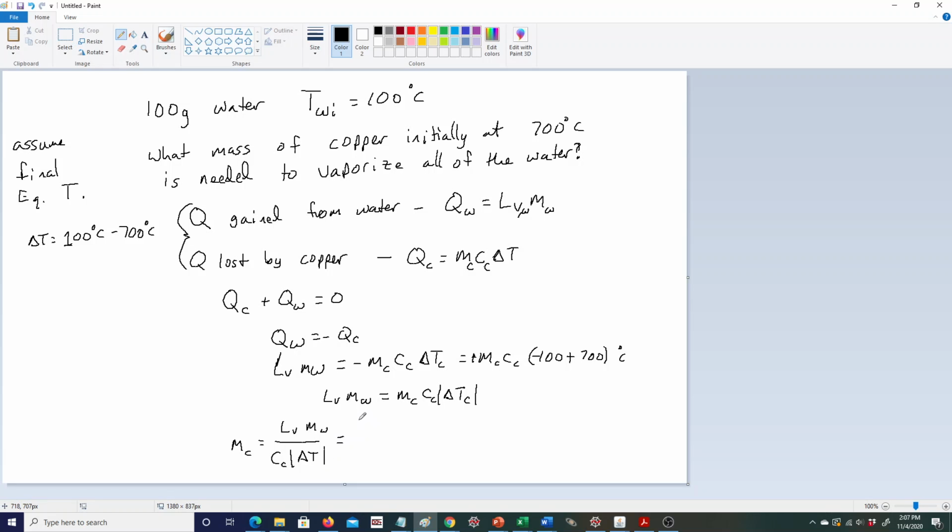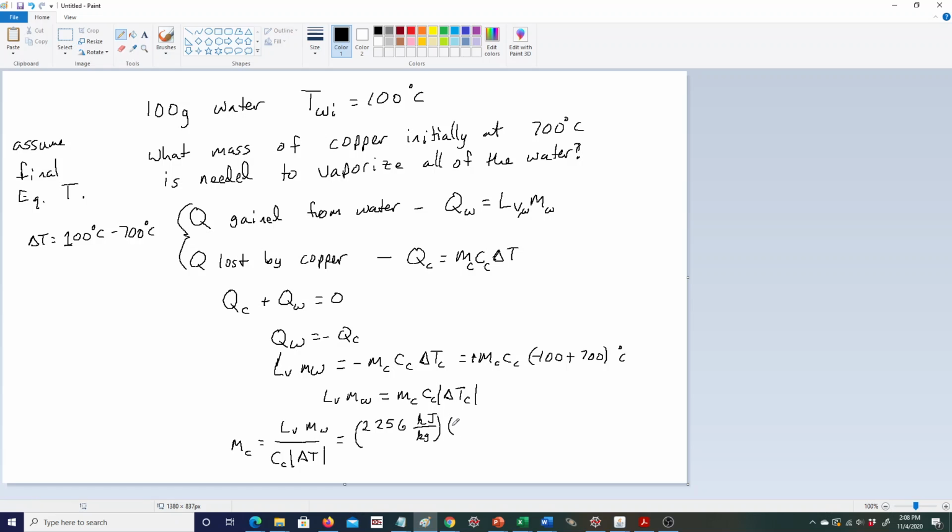Now, there are tables in your book that give the latent and specific heats, the latent heats of vaporization and of fusion. And when you look up the latent heat of vaporization of water, you'll find that its value is given as 2,256 kilojoules per kilogram. Okay?